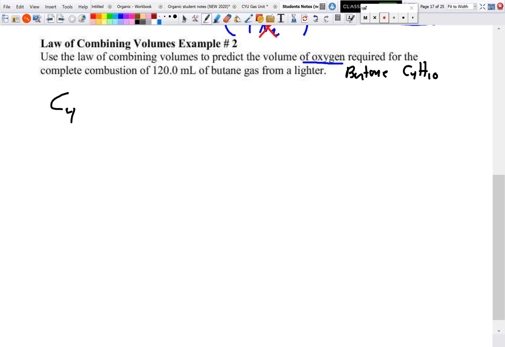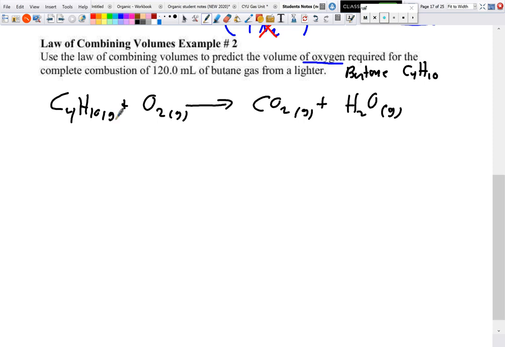So we got C4H10. Now, it is a combustion reaction, so it reacts with oxygen to produce CO2 and H2O. Now, we can use the law of combining volumes because everything here is gaseous. Now, in order to balance, remember for hydrocarbon combustions, we balance carbons first, so we have 4 carbons here. So we need a 4 in front of CO2.